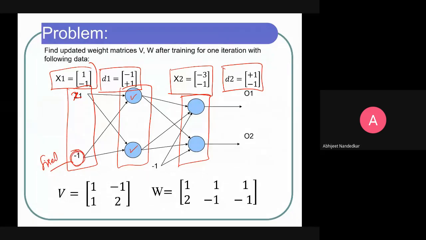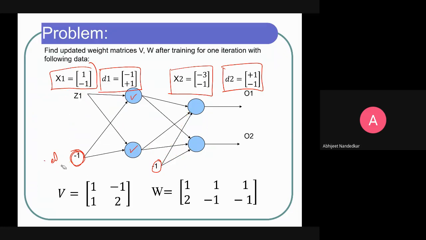So you can connect either +1 or -1. So in this example, we are connecting it to -1. So actual input is single dimension. Because of this -1, it has become 2 dimension. So this is a fixed node. You can see another fixed node here connected to -1, and it is given to the two output neurons. So this is the structure.